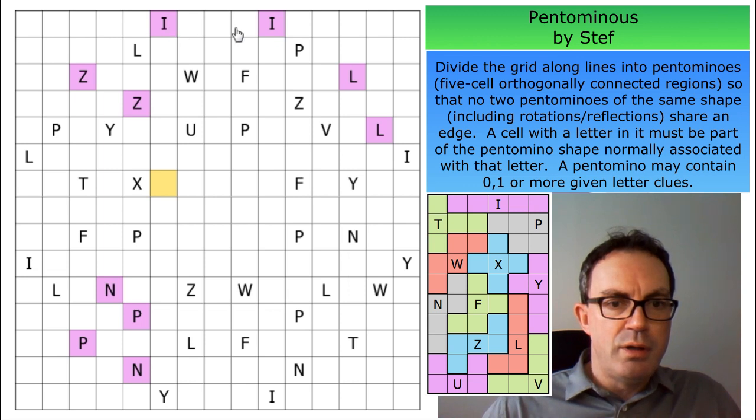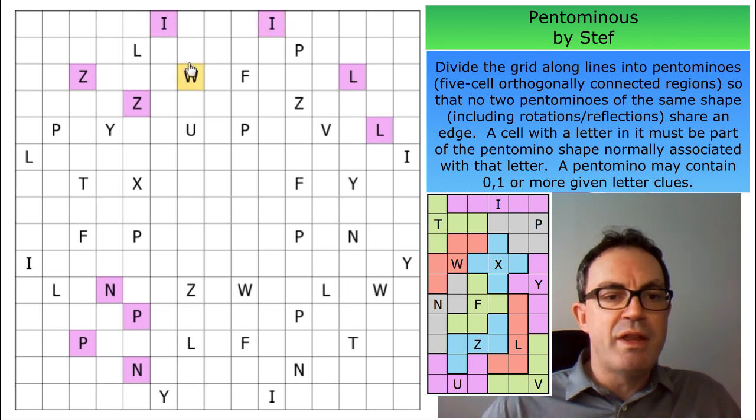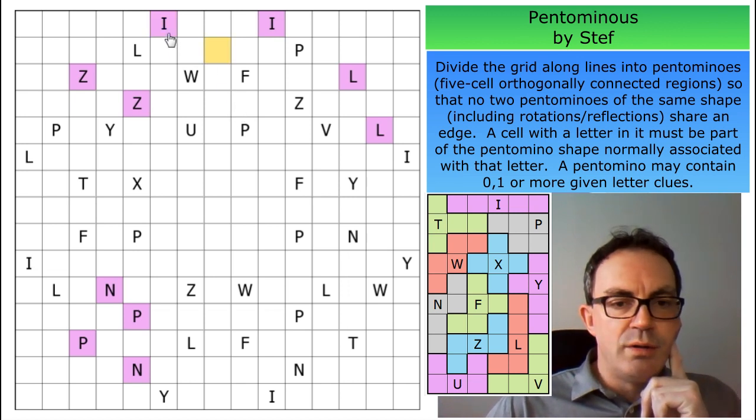We could get 2 out of these I's, but there's a minimum of 1. So where a square is purple, it counts for a minimum of 1 pentomino.